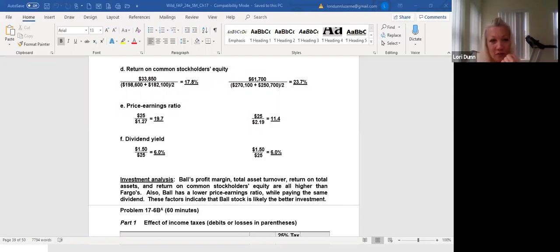I think you do both horizontal and vertical analysis in the problem, similar to what we did with our homework problem. And then, just like we did with this homework problem, you're going to have a set of financial statements. You're going to have to do the various ratios and complete the analysis through drop down. And then there's 10 or 11 multiple choices.